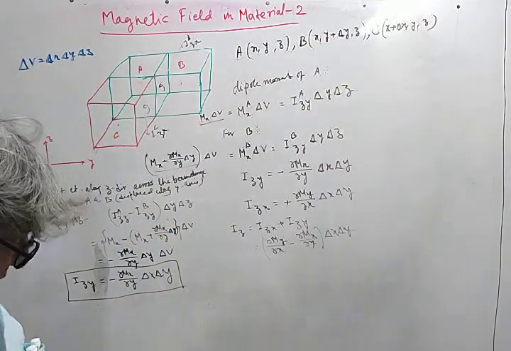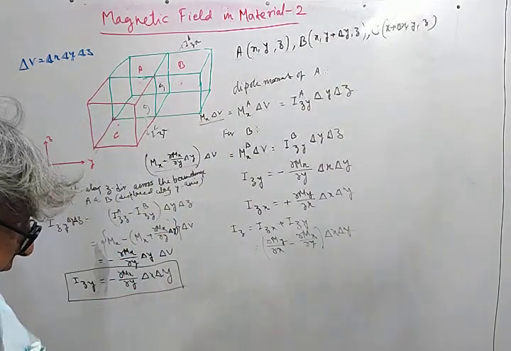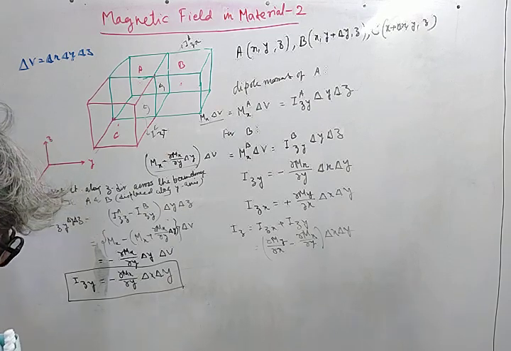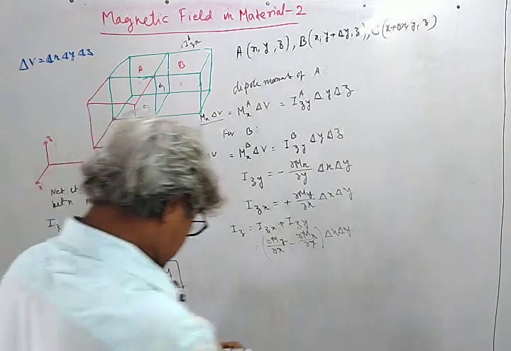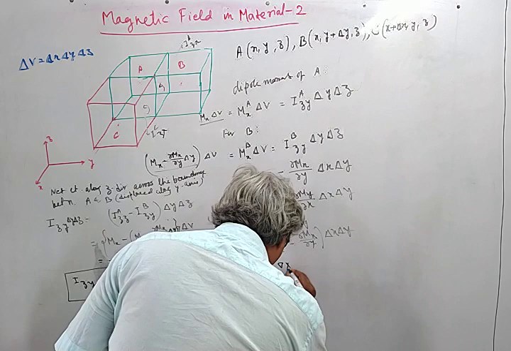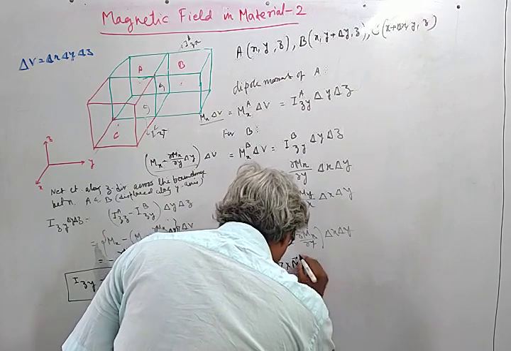We immediately see that the quantity within the parenthesis is the z component of curl M, nothing but the z component of the curl of M.